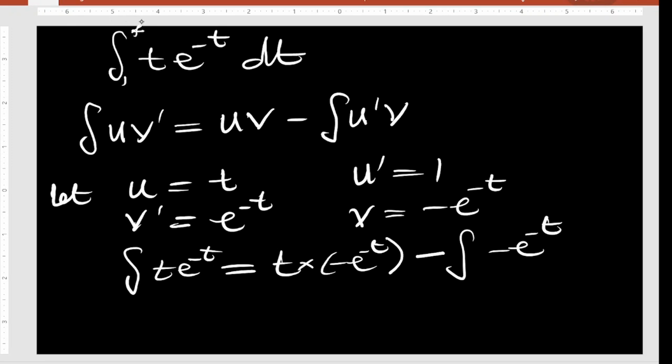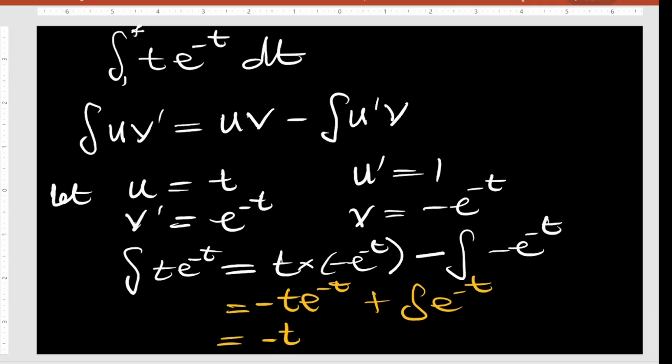Let's now continue. This will just be written as minus t e exponent negative t plus the integration of e exponent negative t. And this becomes minus t e exponent negative t, then minus e exponent negative t.